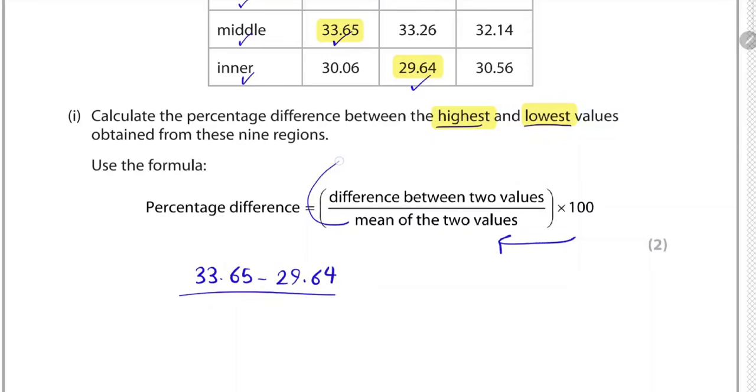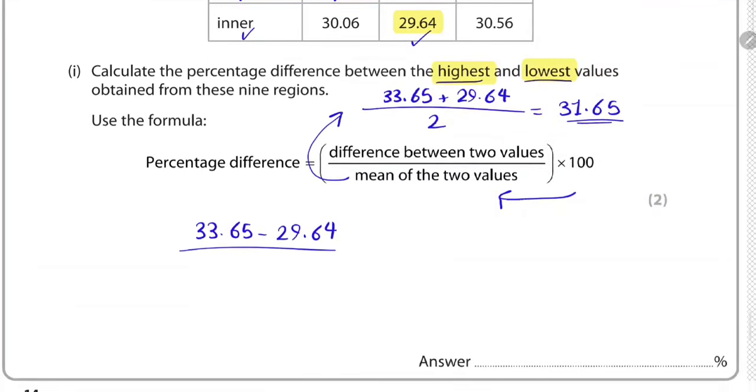The mean of any 2 values is their sum divided by their number, divided by 2 here. So the mean value will be 31.65. So just write this difference divided by the mean value of both of these values, 31.65 times 100. The final answer should be 12.67.